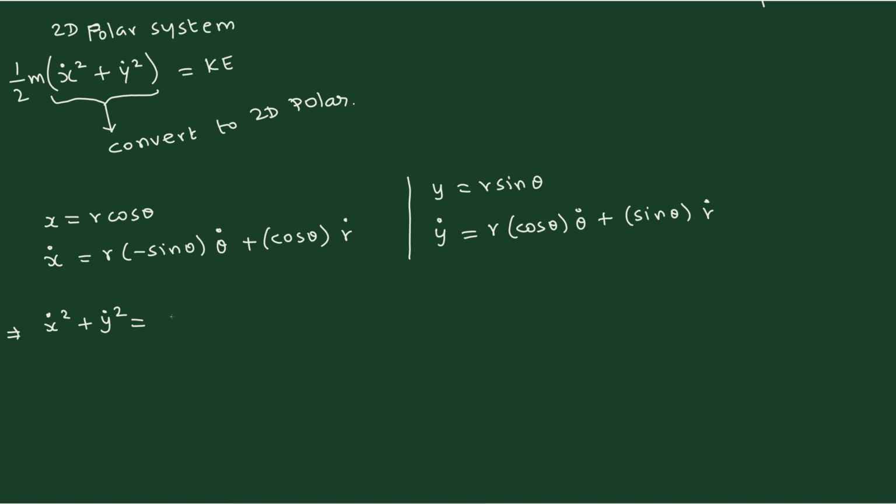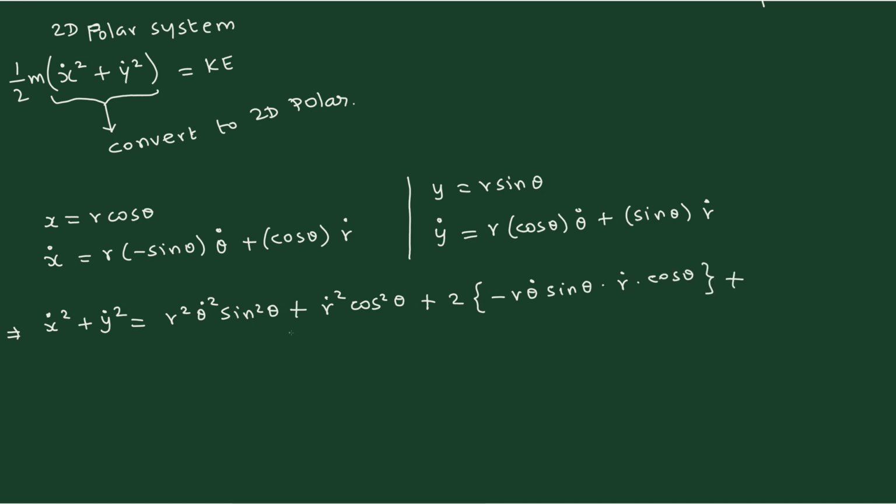We will be getting r square theta dot square, then you have a sin square theta, plus r dot square cos square theta, plus 2 into minus r theta dot sine theta, into r dot into cos theta. Okay, these are the terms there.